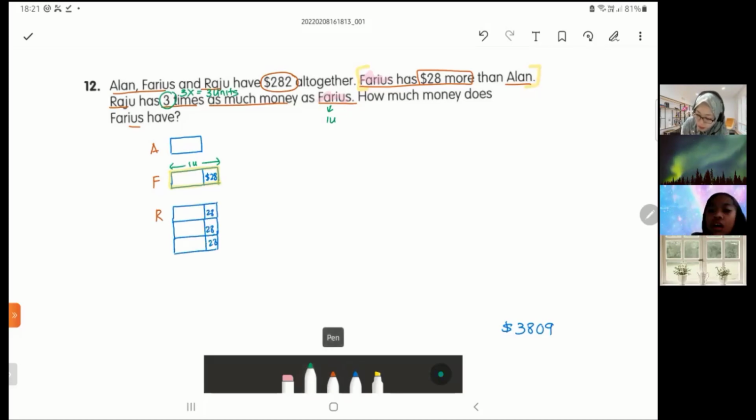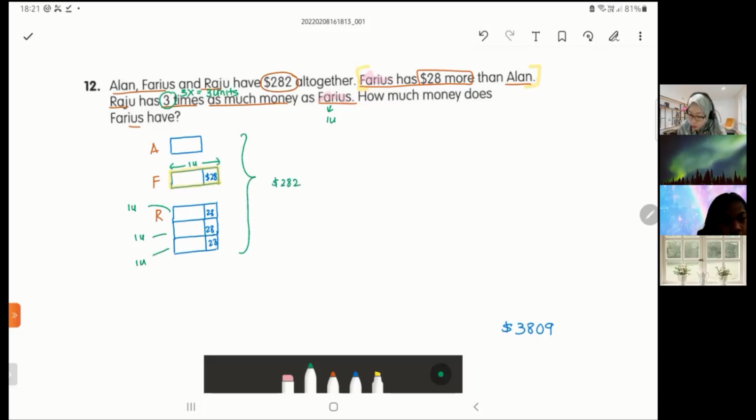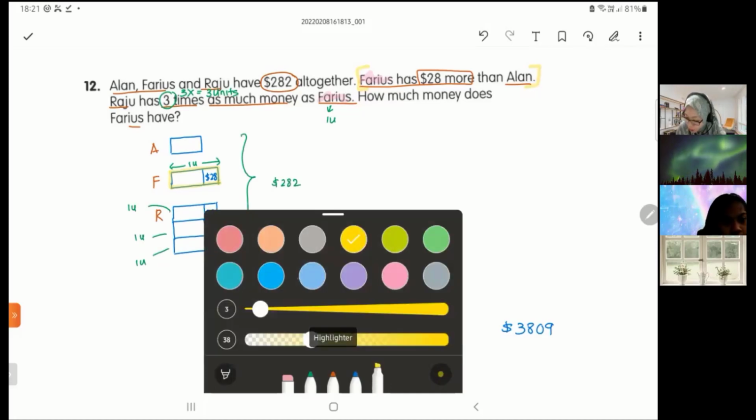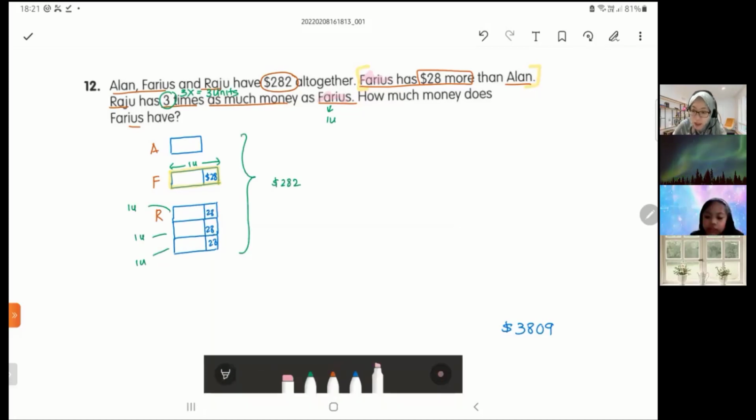Okay, this is 1 unit, this is 1 unit, this is 1 unit. All right. And then I know the total money, I can put it at the side, $282.